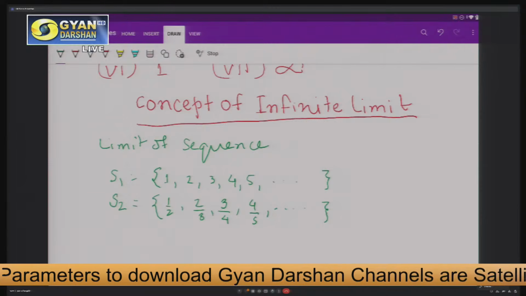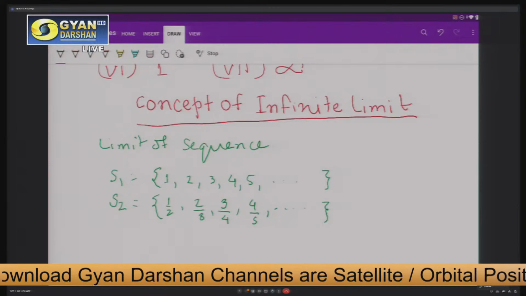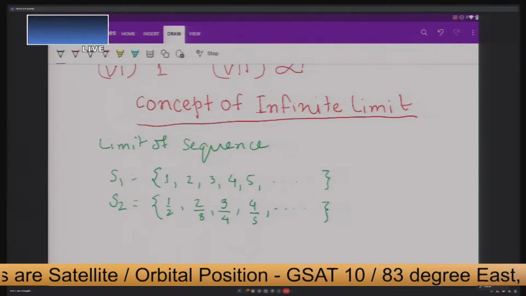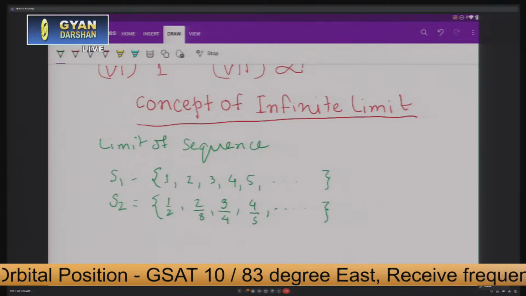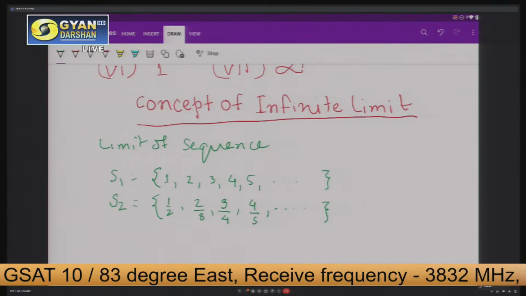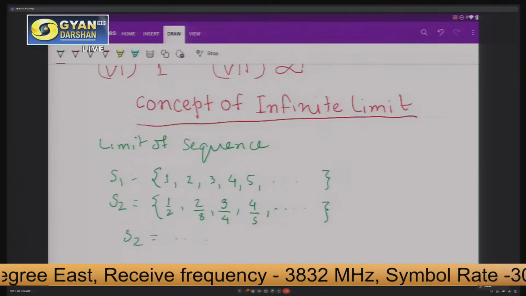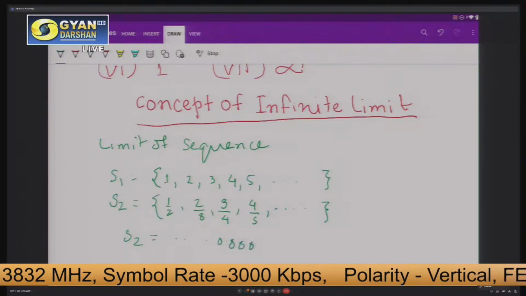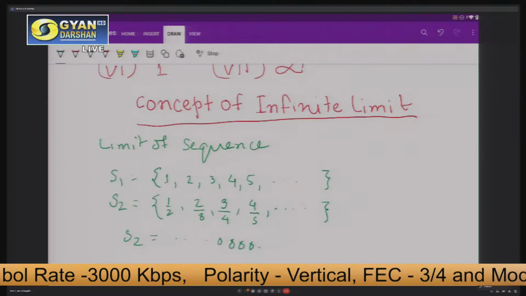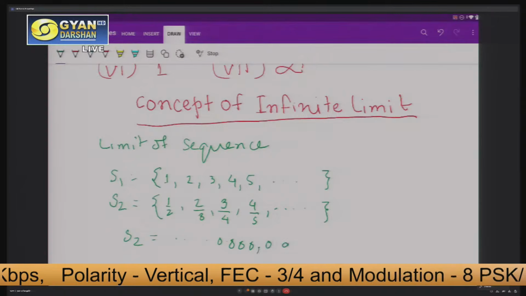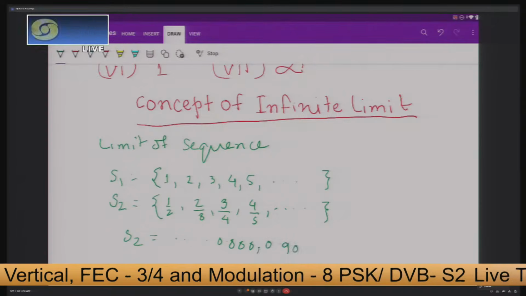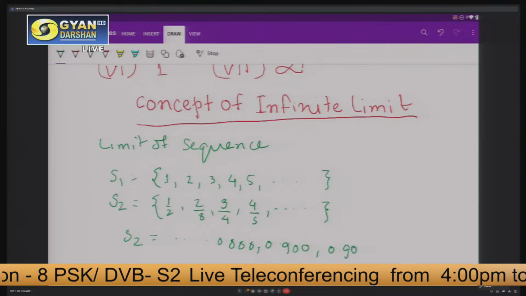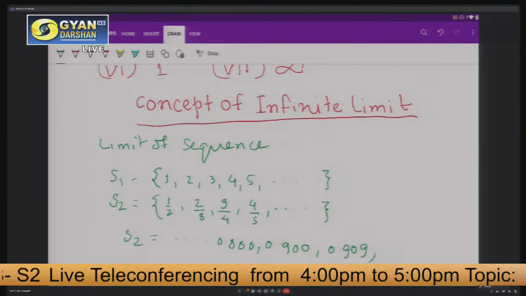If I go further in this sequence and take 3 decimal digits, its value will come like 0.888, then 0.9, 0.909, and so on.